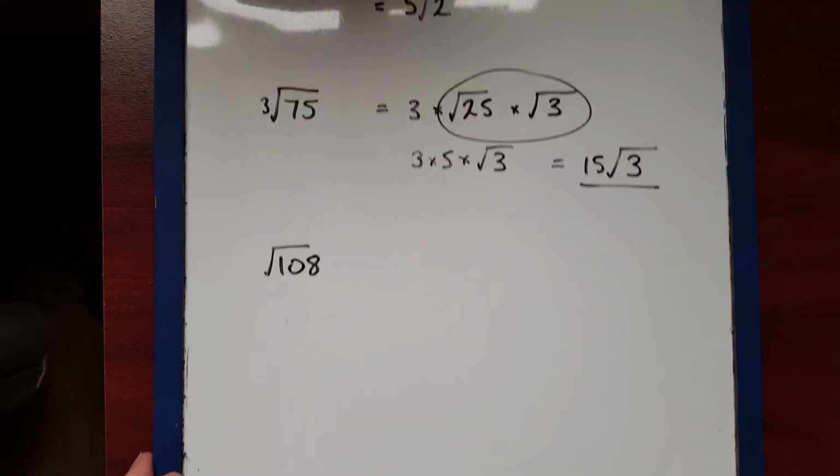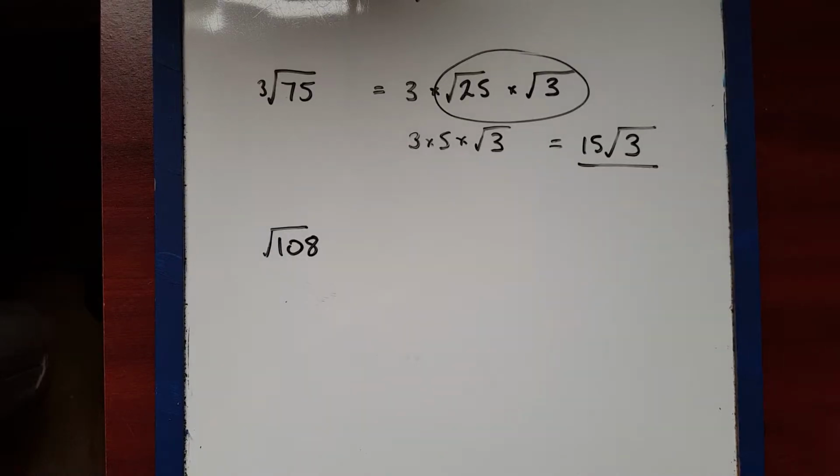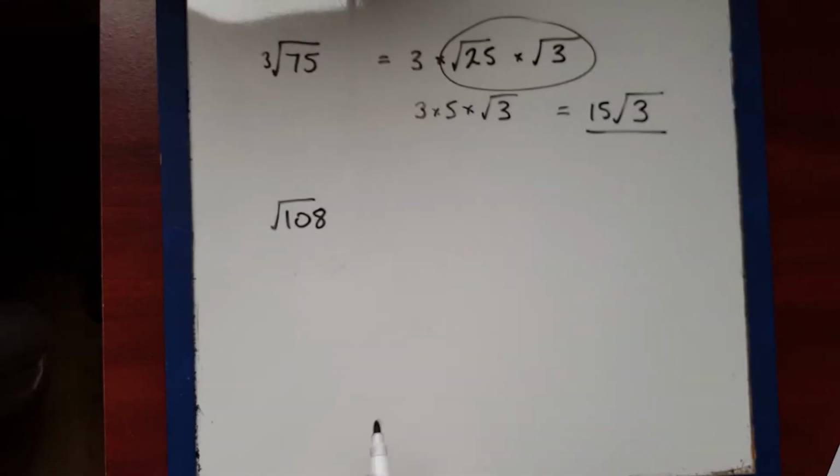Now, the one below follows exactly the same pattern, but it has an extra little complication, because you might be asked, just like you are with fractions sometimes, to fully simplify a surd. So let's take a look at this one. The square root of 108.